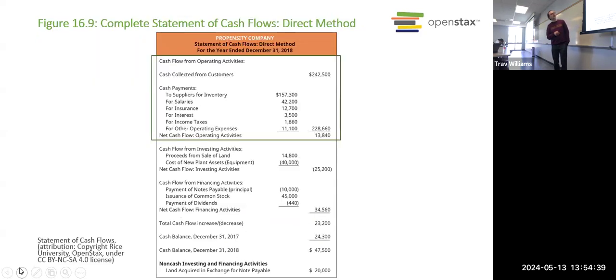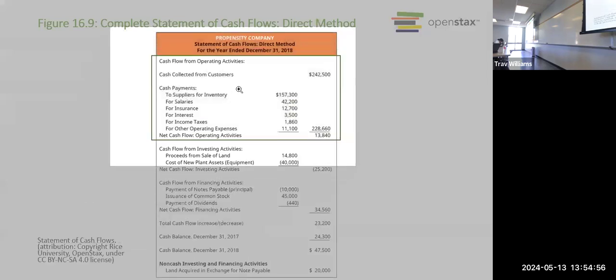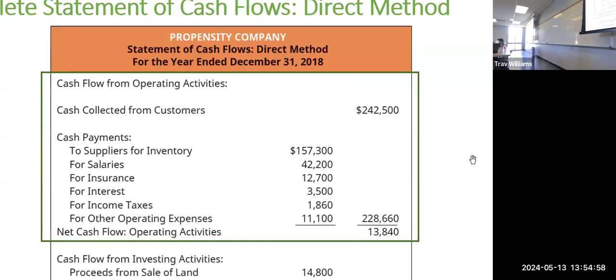In fact, this is what a completed cash flow statement looks like if the operating section was created using the direct method. Let's take a close-up look here. You might notice it looks different from the indirect method.